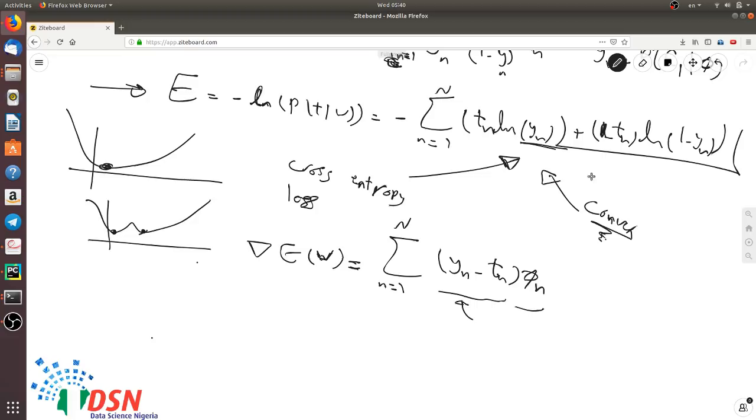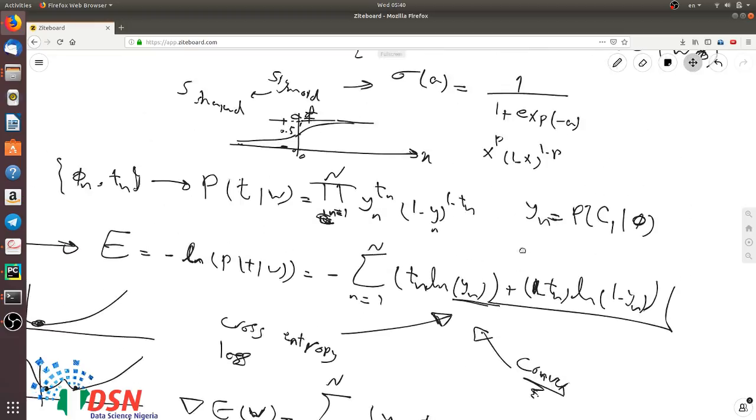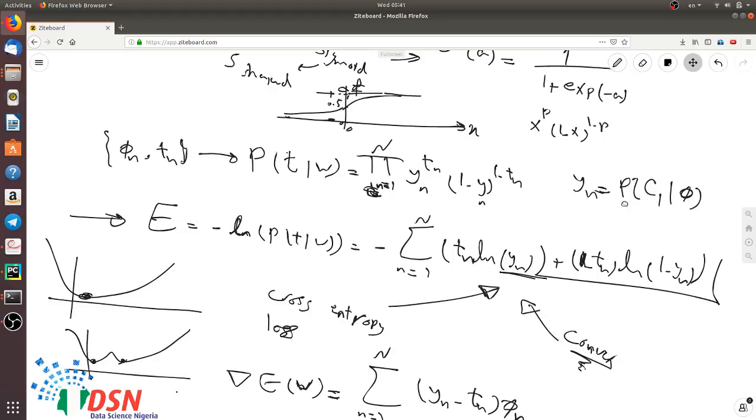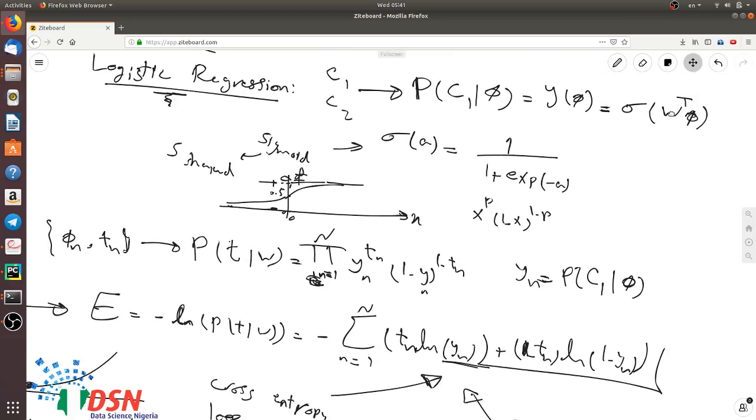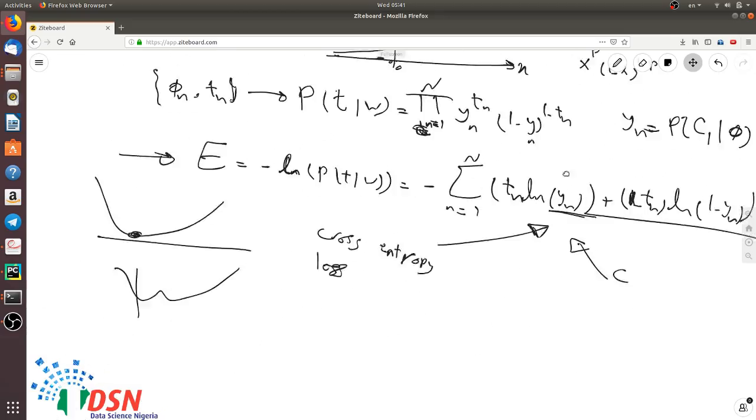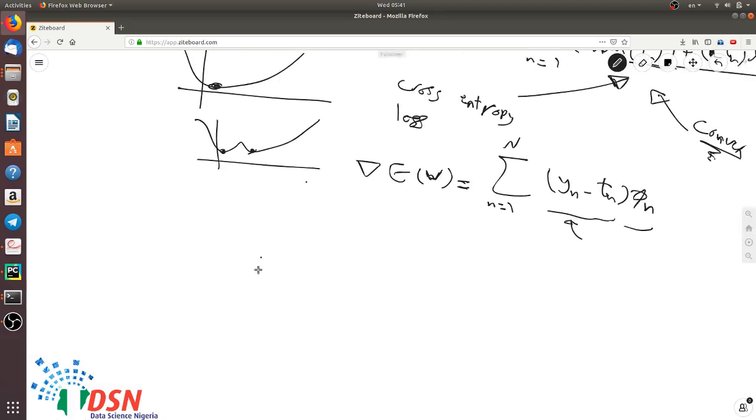For multi-class, as you could see in here, we model the probability of class 1 with the logistic sigmoid of W transpose phi. So we could generalize that for the multi-class problem.